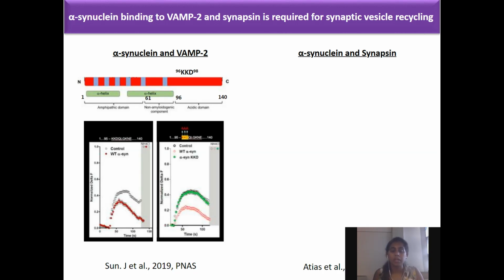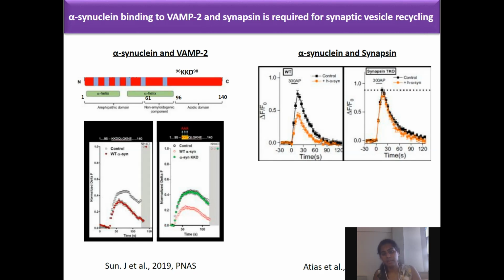But now when we express alpha-synuclein in which the KKD is mutated, which is the green line, synaptic vesicle recycling cannot be attenuated, showing that the alpha-synuclein and VAMP2 interaction is essential for alpha-synuclein mediated function at the synapse. Next, we looked at alpha-synuclein and synapsin.